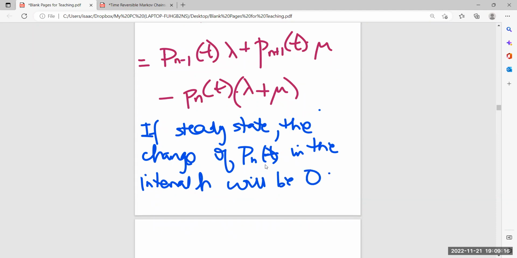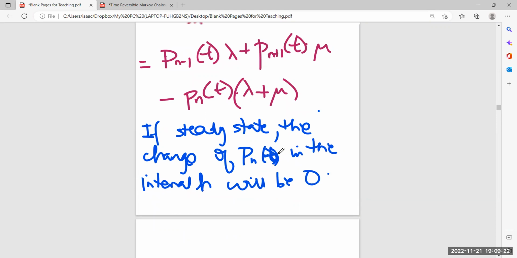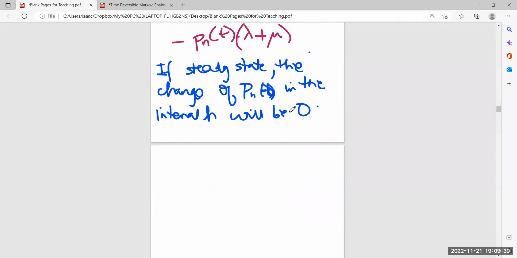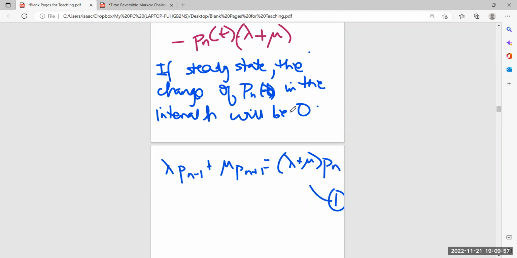So this first part will go to 0, and you'll be left with 0 equal to these three terms. I can rewrite this as lambda Pn-1 plus mu Pn+1 is equal to lambda plus mu Pn. This is what I'm going to call equation 1.